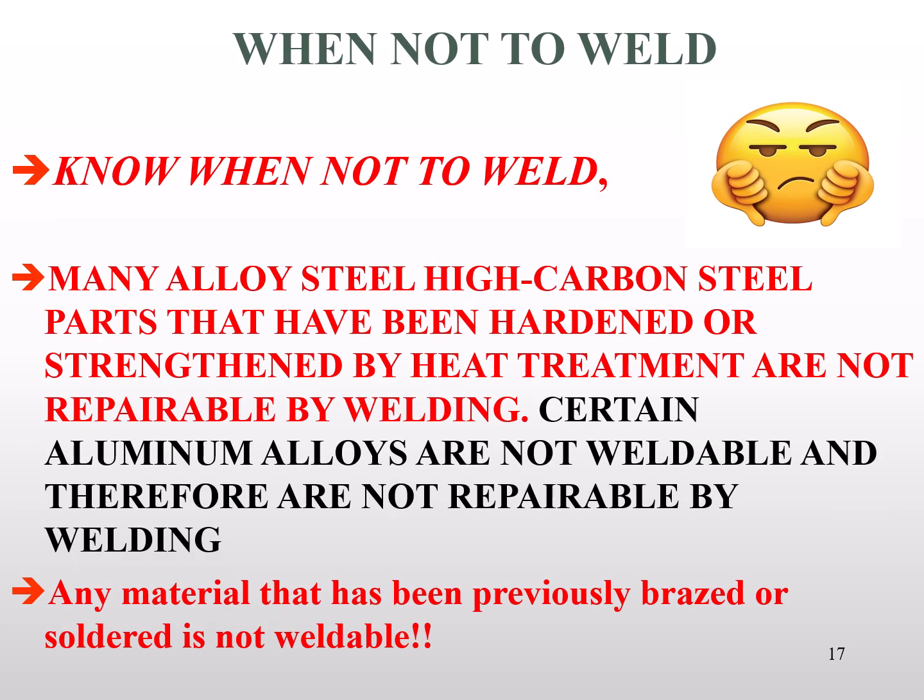About when we could weld or would weld, it's also important to know when we shouldn't. Knowing when not to do a thing is a very important piece of knowledge. Many of these parts, because of the strength requirement, were welded and then hardened or strengthened by putting them through a heat treating process.